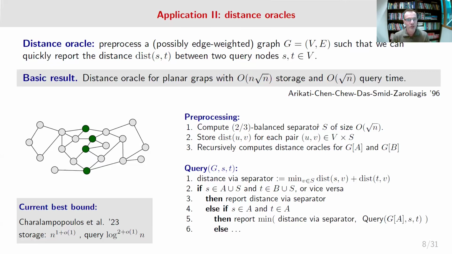So the main question is, for these distance oracles, can you do something with less than quadratic storage and less than linear query time? And in general, that's impossible, if you want both.